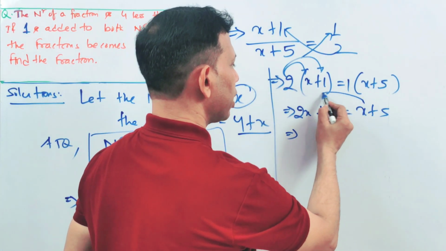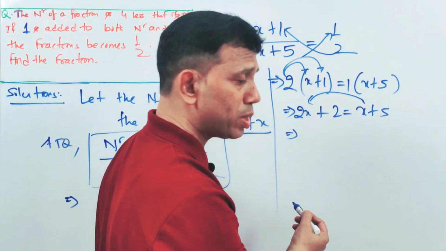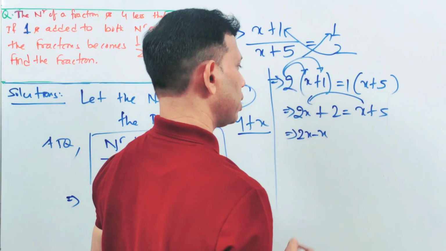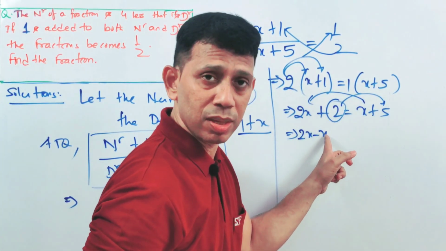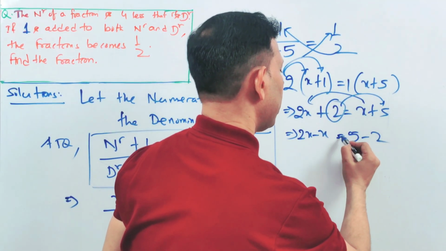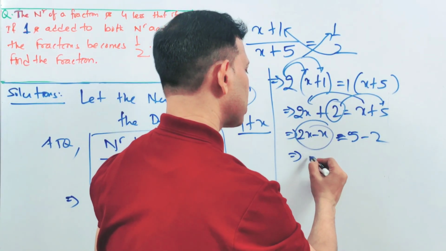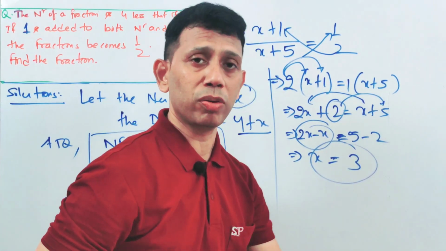So let us bring this x to this side. This x is added here, so if it comes to this side, it will be subtracted. So 2x minus x, and the number will go to that side and be subtracted, that is 5 minus 2. So 2x minus x is x, is equal to 5 minus 2, which is 3. So you got the value of x.